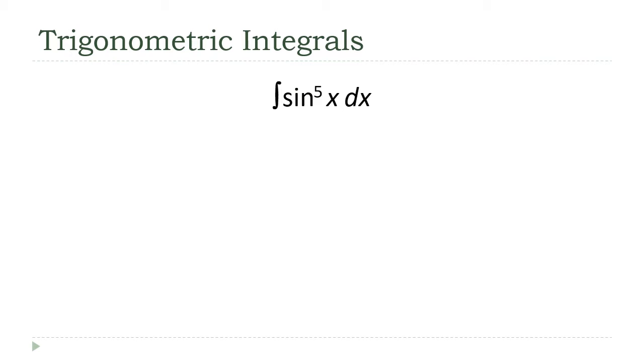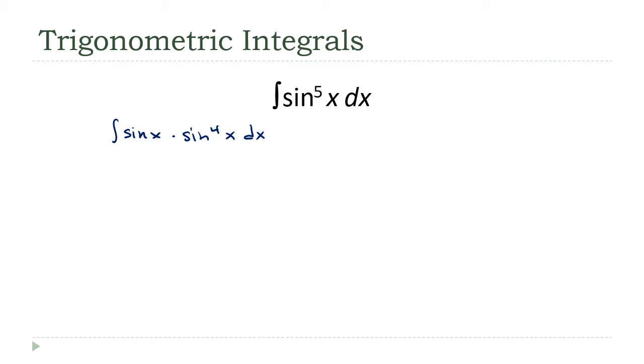Integral of sine to the fifth x dx. What I'm going to do here, and I would do the exact same thing if I had a cosine to the fifth here, is peel off one of those sines. So I'm going to make this the integral of the sine of x times sine to the fourth x dx.